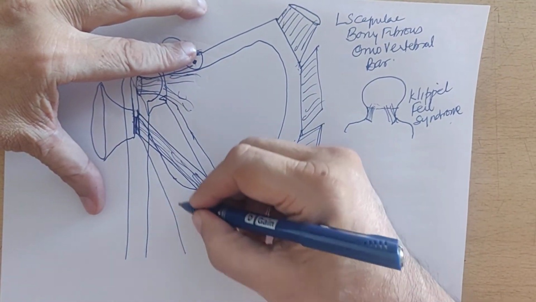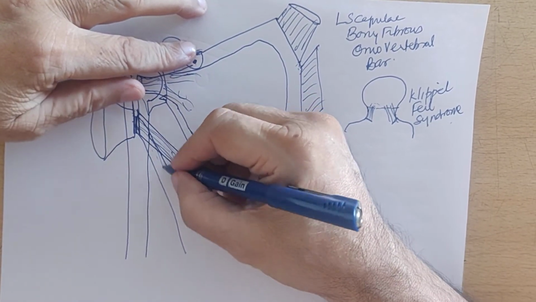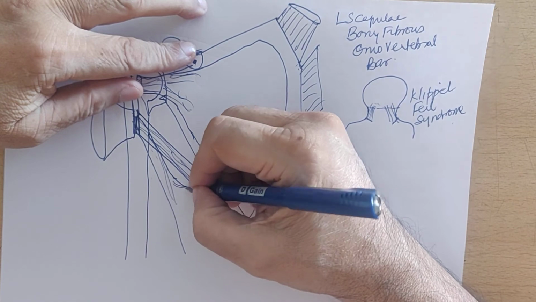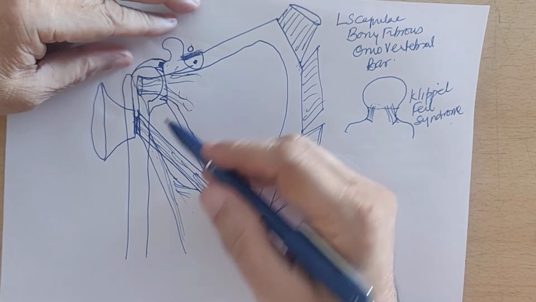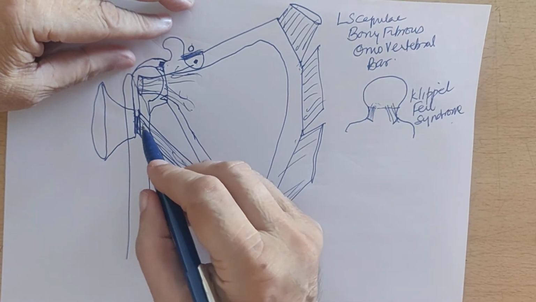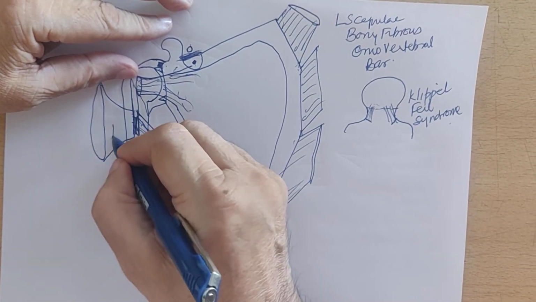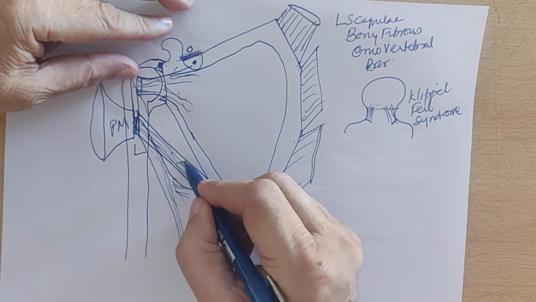So there is a lady between two majors, and this signifies this turn of the muscle, the latissimus dorsi. So there is a lady between pectoralis major and teres major.